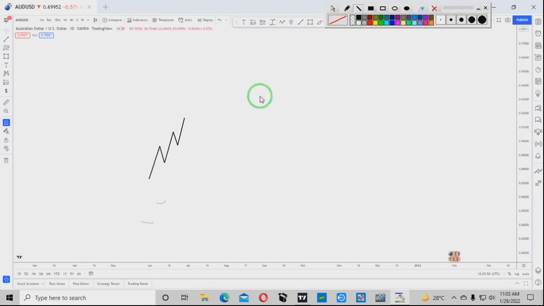You want to see the highs in the case of an uptrend being violated. This high is violated, this high is also violated, but these lows must not be touched if this uptrend is going to continue. The lows must be respected. That is in an uptrend.